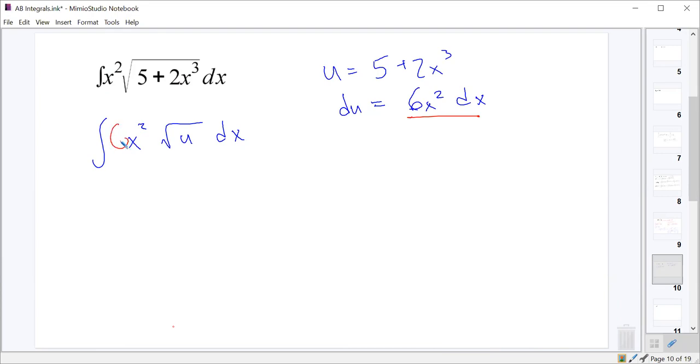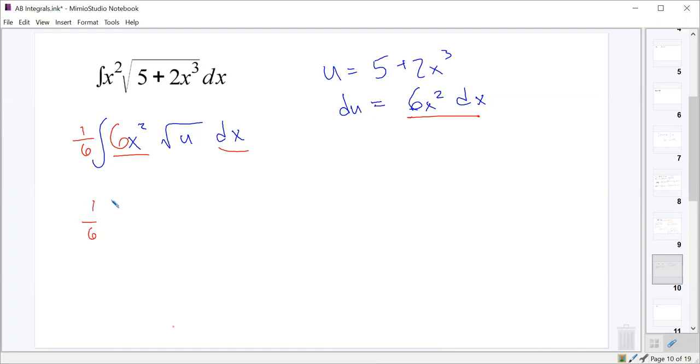So let's just put a 6 in. Can I put a 6 in? Well, only if I cancel it out. Yeah, cancel it out, with a 1/6. So if I multiply this by 1/6 and I multiply it by 6, I've effectively done nothing to it. But I have built in the 6x squared dx that I need to turn into a du.